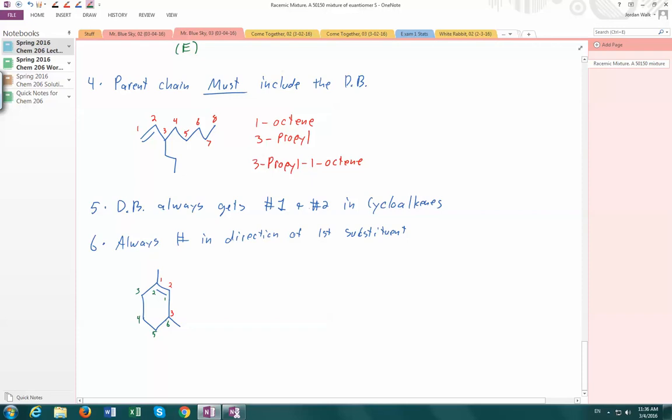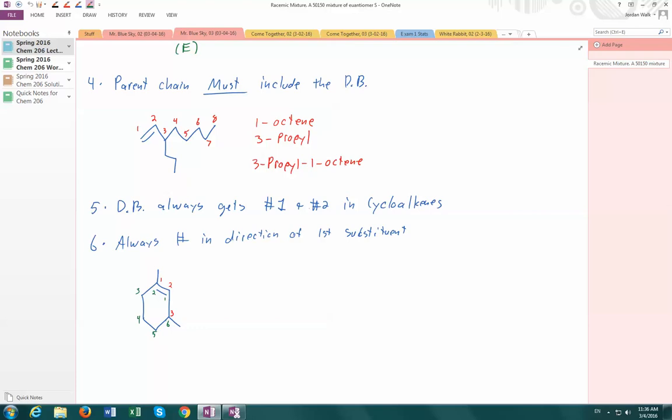In both cases, we've got two methyl groups, and we're going to have a methyl off of that double bond. If we count 1, 2, 3 using our red system, we're going to end up hitting the methyl on carbon number 1. If we go the other way and say 1, 2, 3, well, now we're hitting that methyl on carbon number 2. So we're definitely going to use red, because that's where we give our first encountered substituent the lower number.